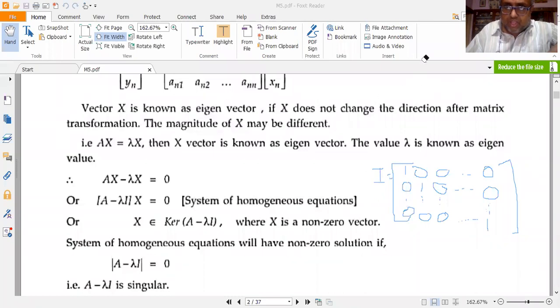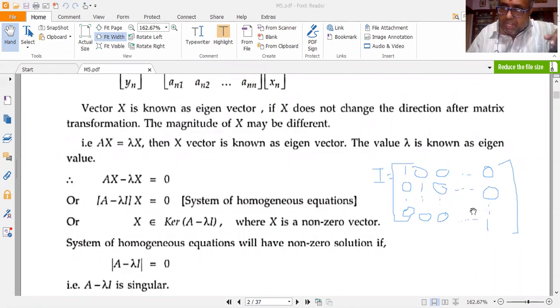So identity matrix I is equal to I subscript n, or I n. So this consists of, along the principal diagonal, elements which are equal to 1. All other elements are zeros. This is the principal diagonal, this is the secondary diagonal.